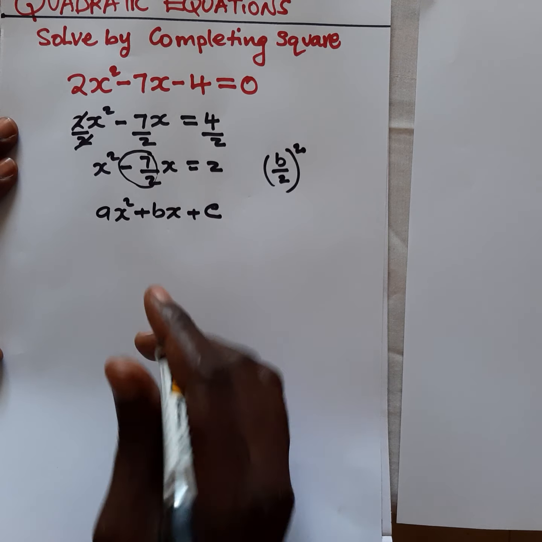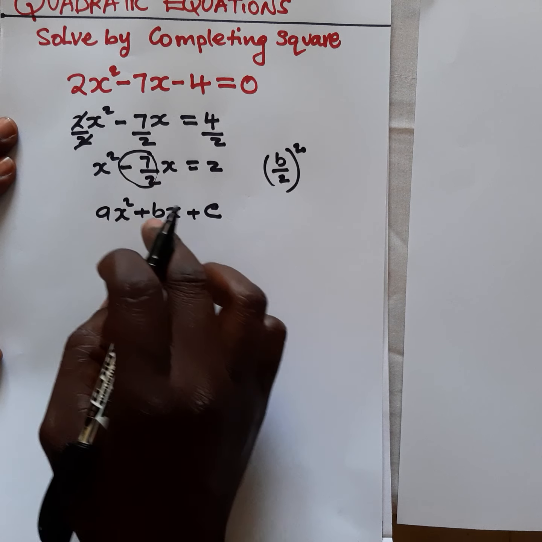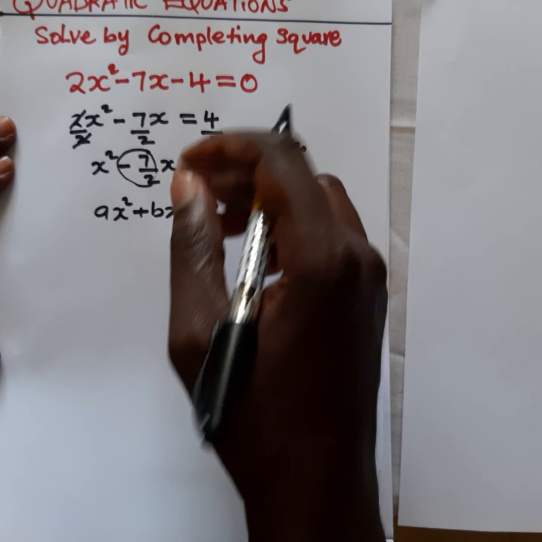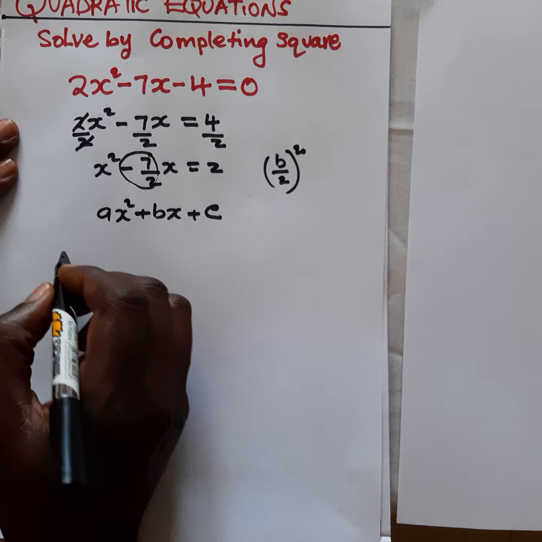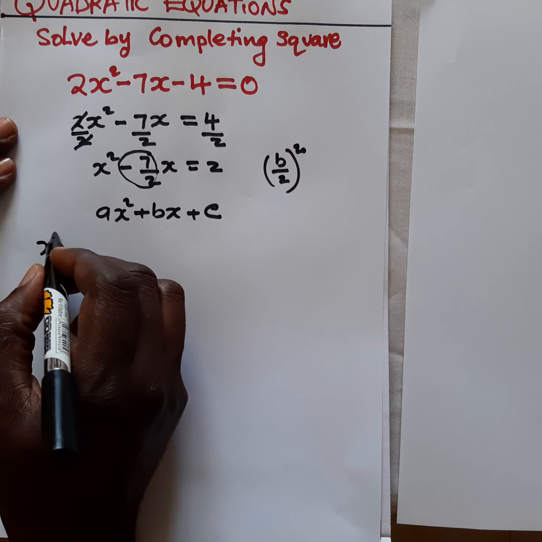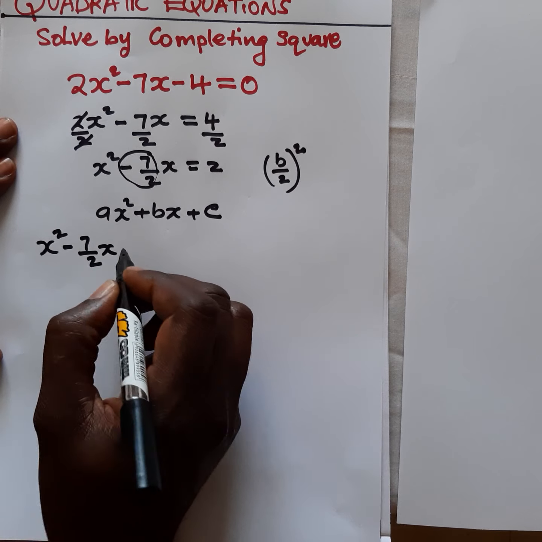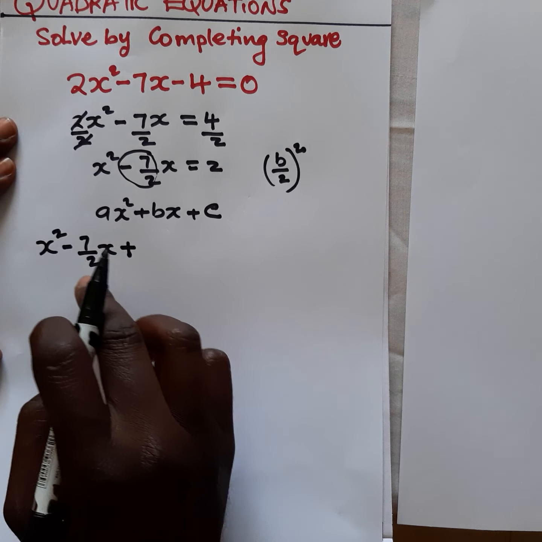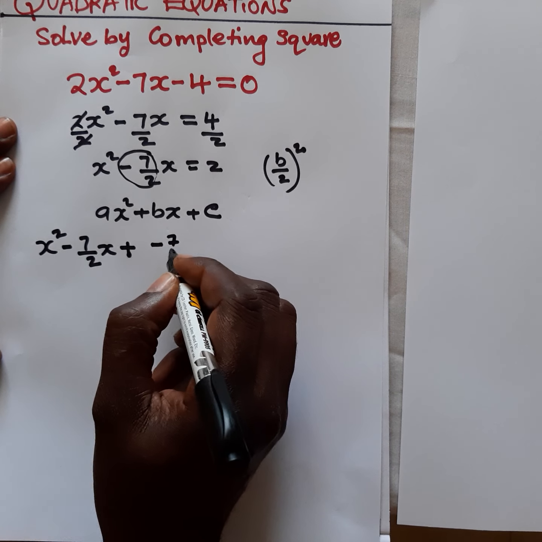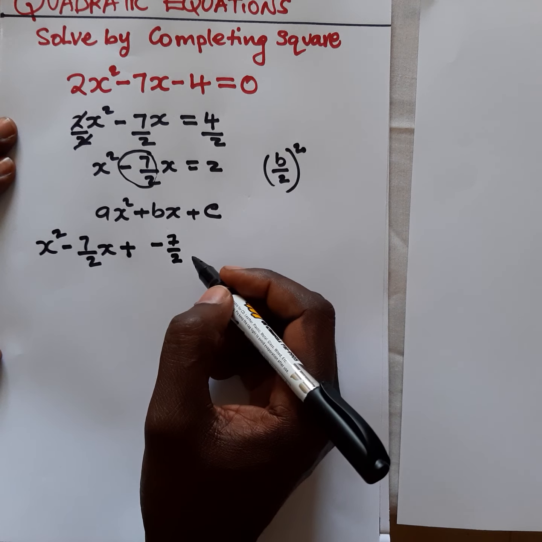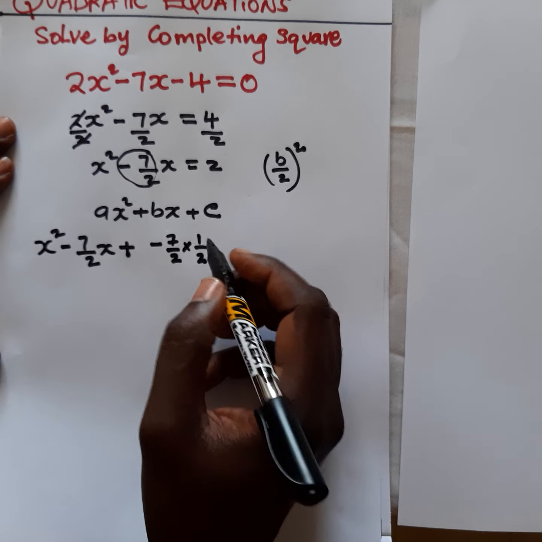Let us proceed. So we take the b, divide it by 2, and then we square. So we write this equation again. We have x squared minus 7 over 2x, then plus our b, in this case -7 over 2 divided by 2. So we have -7 over 4.